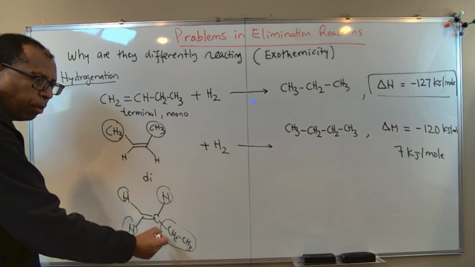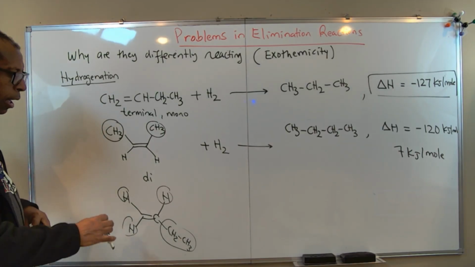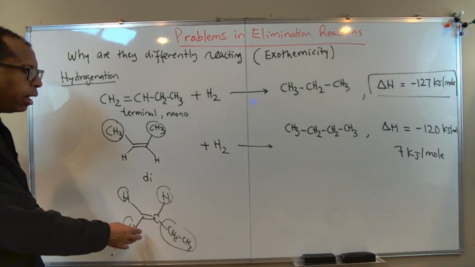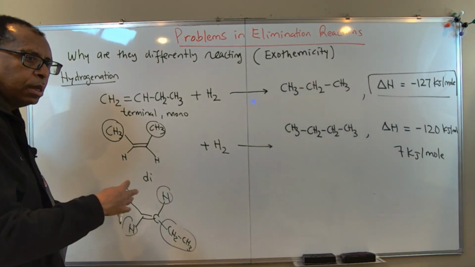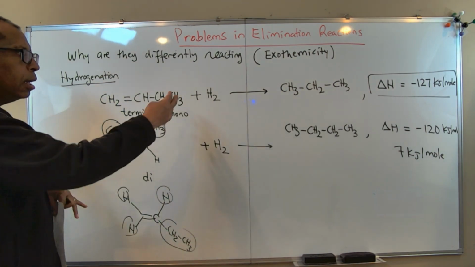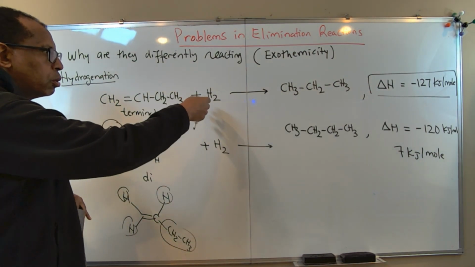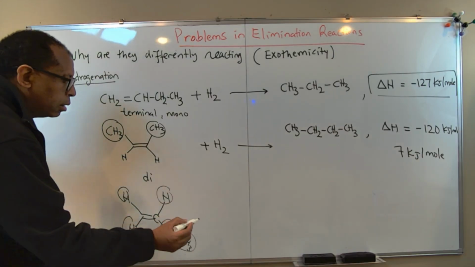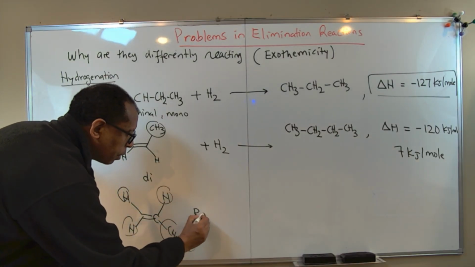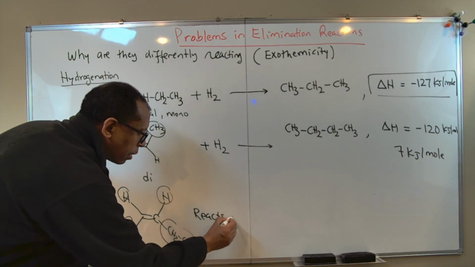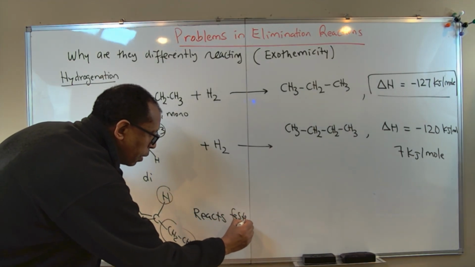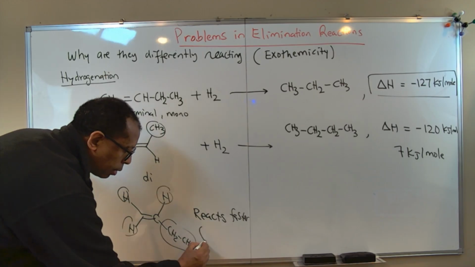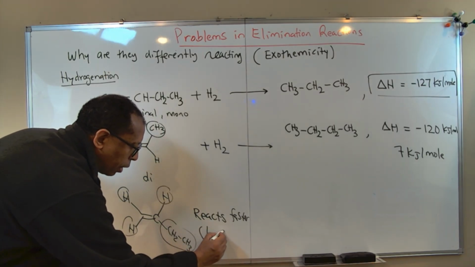That's why we call it a monosubstituted alkene. Hence, it is less stable. Hence, it reacts faster. It doesn't want to stay like this, but the moment it's exposed to some kind of reagent, it reacts faster. So this one reacts faster because it is less stable.